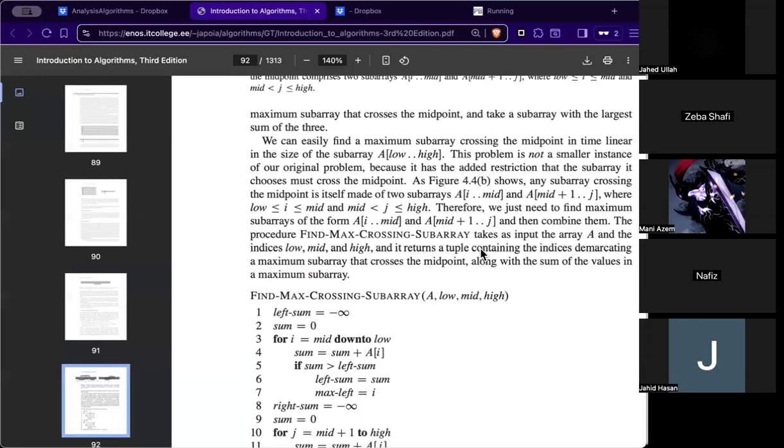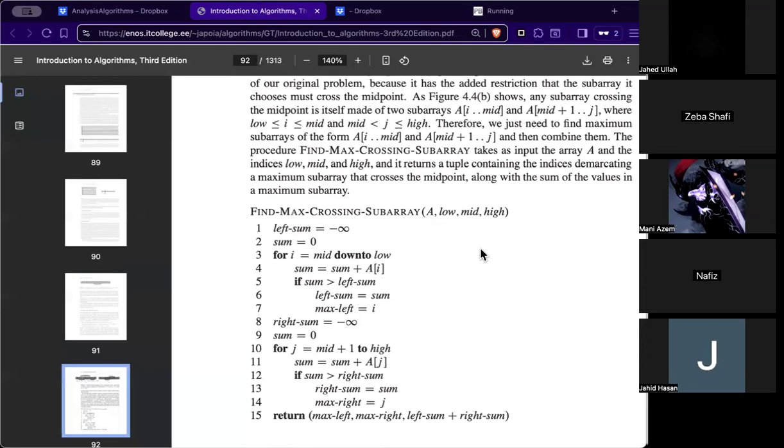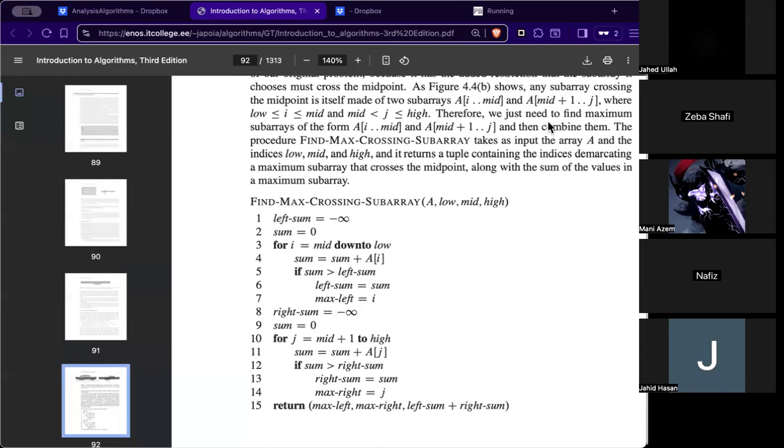Now, what we saw in 4.4b, that's actually our current situation. So any subarray crossing that midpoint is itself made of two subarrays because we have to go from I to mid and then mid plus 1 to j. So now in that particular case, we have to find the maximum subarrays of the form I to mid and mid plus 1 to j, and then try to combine them together. That's going to be our last step.